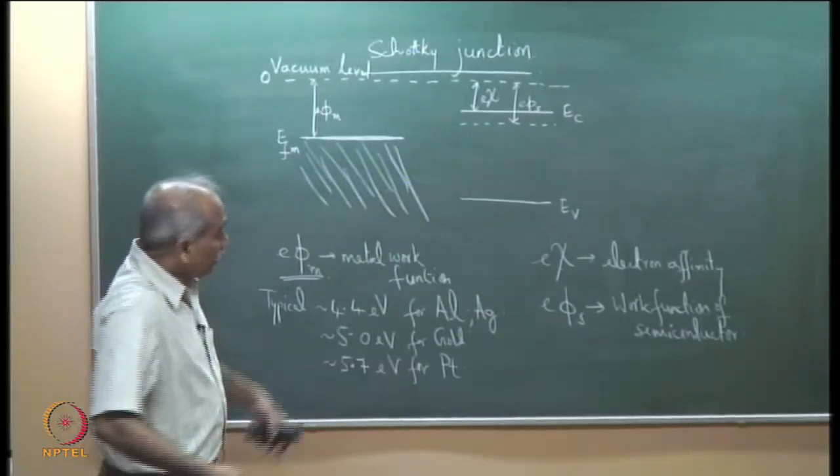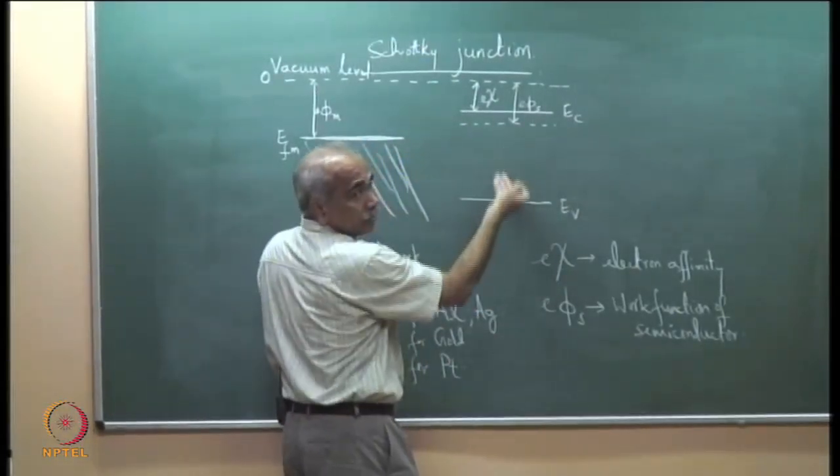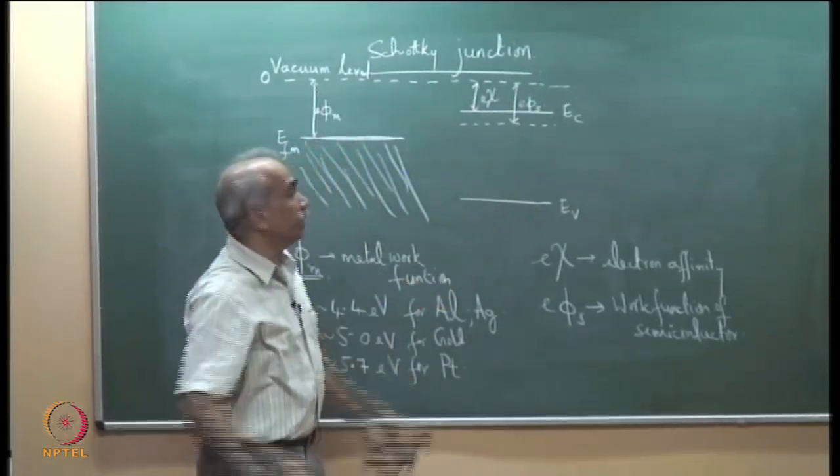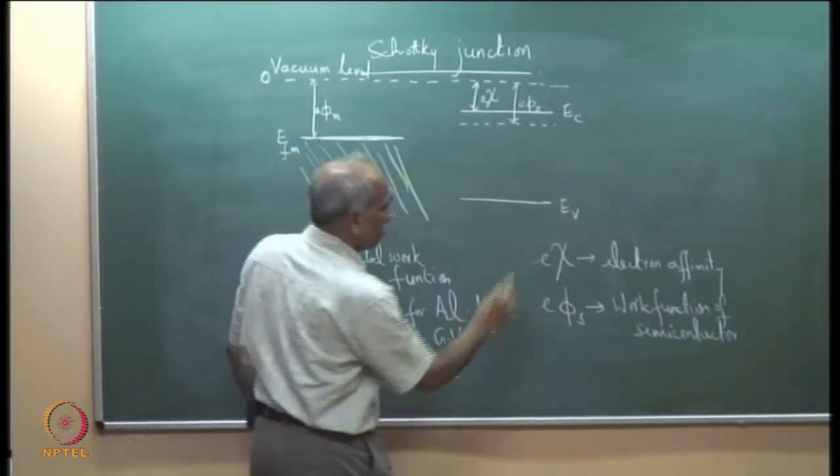Typical numbers for chi, of course phi s depends on whether you are N doped or P doped or N plus and so on, but chi has typical values.